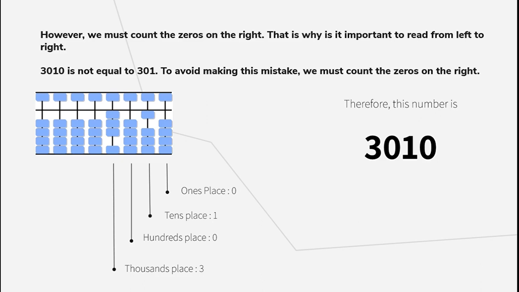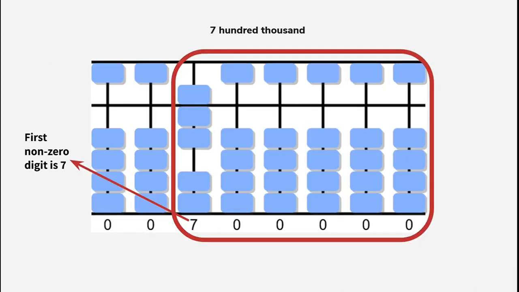A quick rule for remembering that is any zero on the right hand side of the first non-zero digit should be counted. Let me explain this in more detail. So for example, can you guess what this number is? The answer is, it is 700,000. This is because I omit or ignore the zeros on the left hand side of the 7, and 7 becomes the first non-zero digit I have here in the abacus.